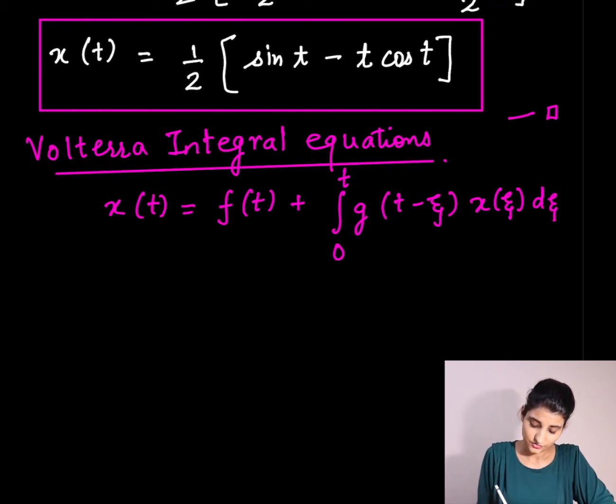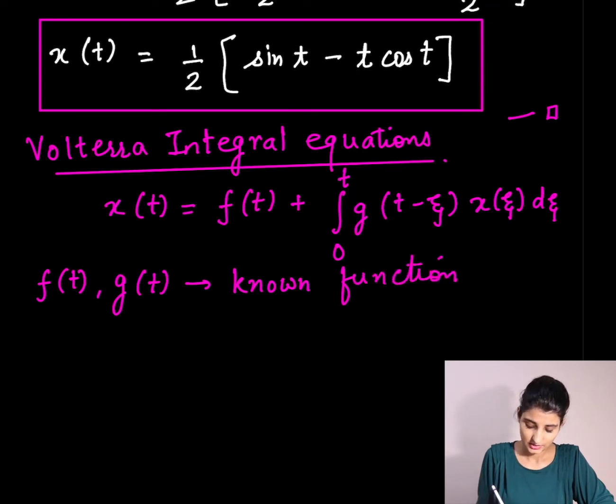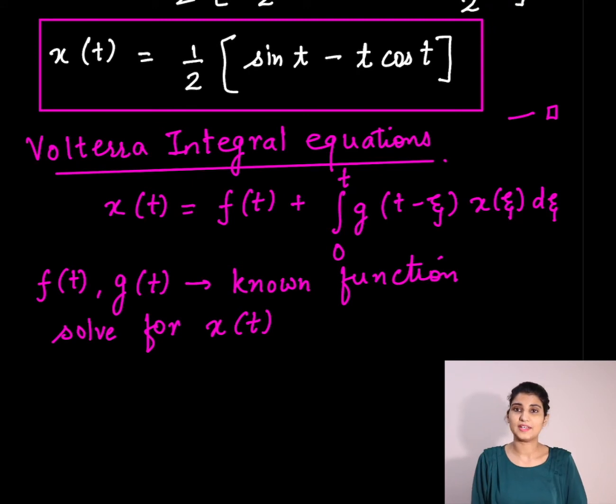And here the function f(t) and the function g are known functions. We already know what they are, and we want to solve for x(t). So this is the form of a Volterra integral equation. We know the functions f and g, and we want to solve for x(t). Let's see an example of how we solve Volterra integral equations using convolution.